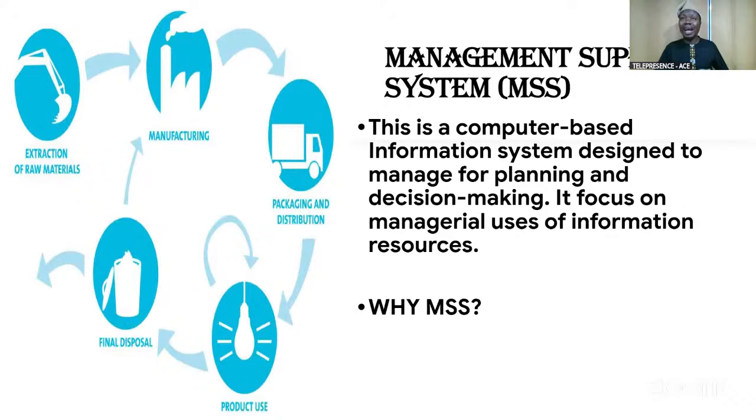So the entire management support system: transaction processing system, decision support system, expert system, and knowledge based system. There are many, so we are just talking about those five, and all of them are management support system. And the work they perform purposely is for managing, for planning and decision making.